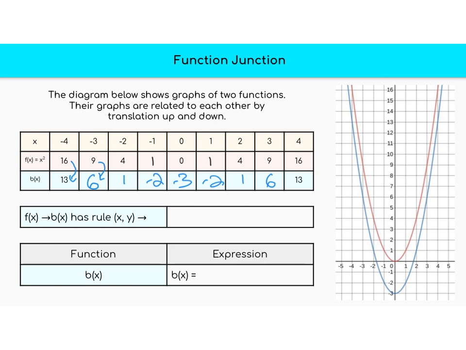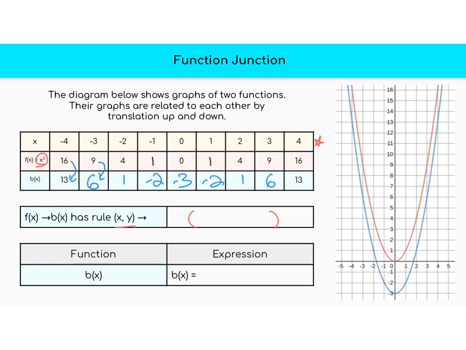So now we want to take a look at the rule. f of x, which is really x squared, translated to b of x, which has what rule? Well, we have x comma y. The x coordinates didn't change. We still use the same x coordinates right here.